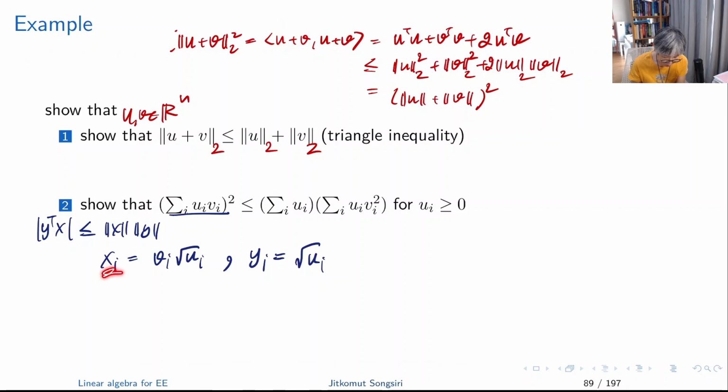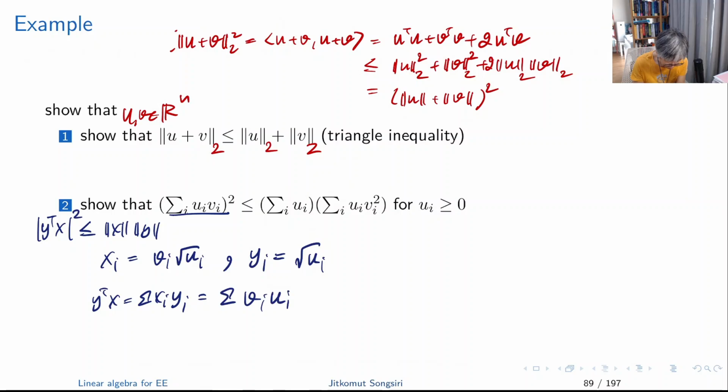You try to think of x and y so that the norm squares of them give you these terms. The norm square of y is going to be the sum of u_i, so that's why I define y to be the square root of u_i. In this case, y transpose x, which is the sum of x_i y_i, is going to be the sum of v_i u_i.